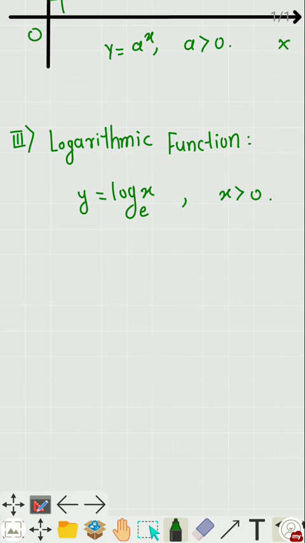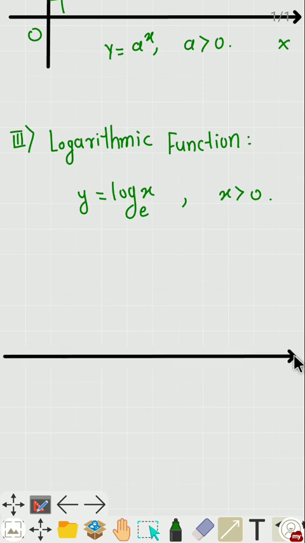We have already solved numerical examples on functions and their values in school. However, here are a few examples to review your concept. Now let us draw the graph of the logarithmic function. Suppose this is the x-axis, y-axis, and origin, and the graph of the logarithmic function is like this.